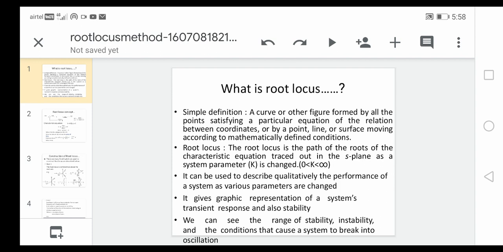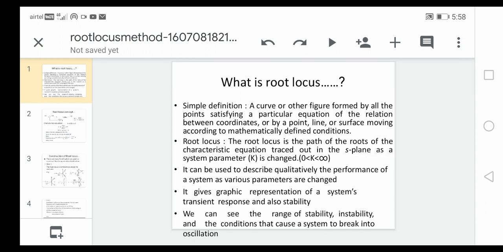We can find the range of stability. For example, if the system is stable, for which value to which value it will become unstable, that we call the range of stability. At which value instability occurs, we can also tell by using the root locus method.